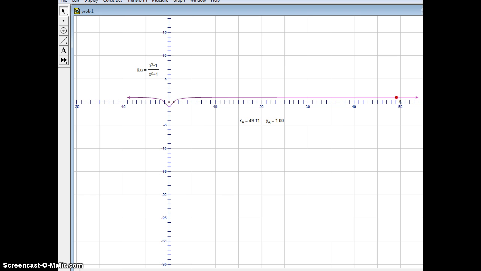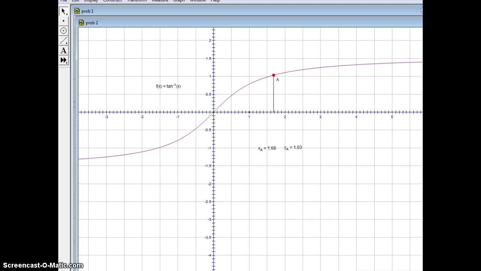Let's look at a second example that we actually do know the limit for. This one right here. f of x is equal to the arctangent of x. Now in this case, if you remember what the arctangent was, it's basically one of the curves of the tangent graph inverted, where we switch the x and the y's, the inputs and the outputs.